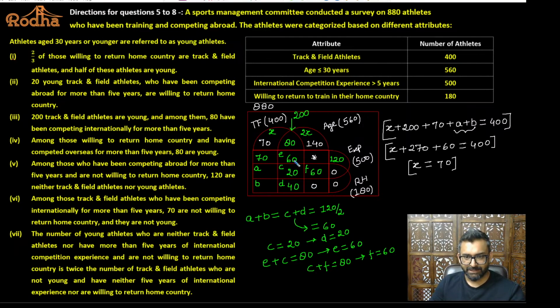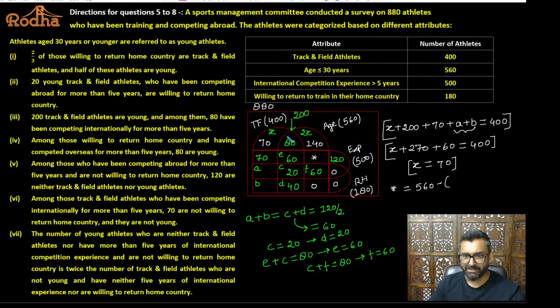Can you calculate it? How? This entire summation is 560. So if we add all these values, it should be 560. If I want to calculate this star, the entire block's summation is 560.